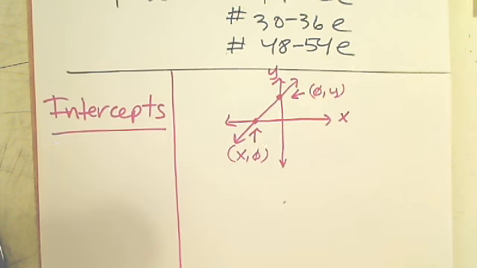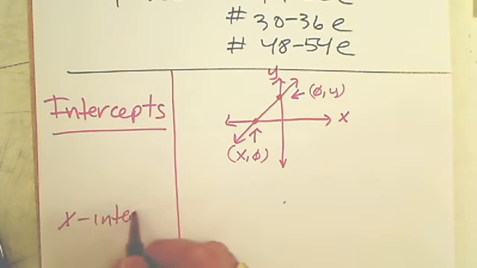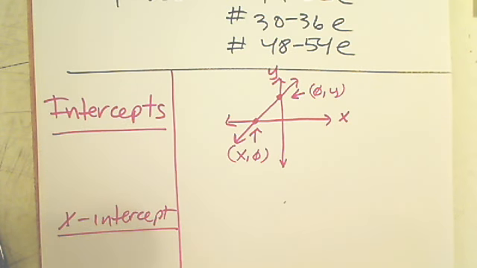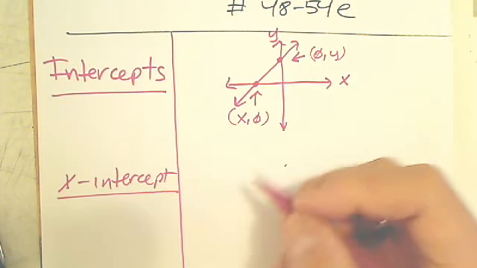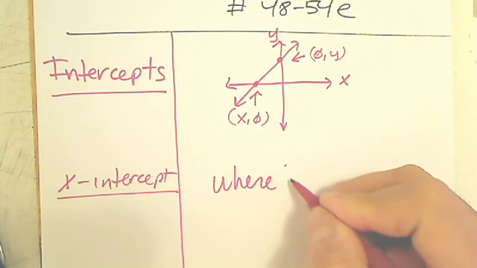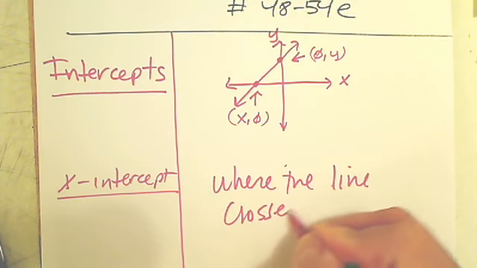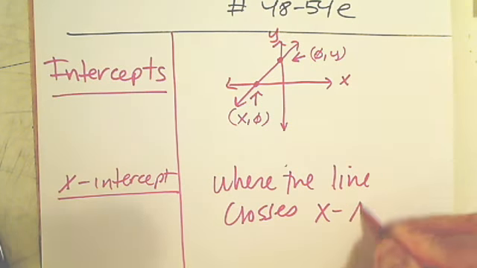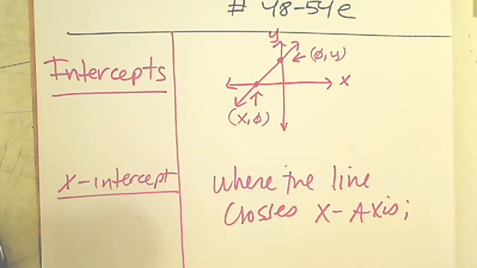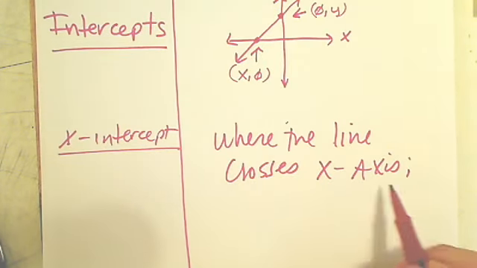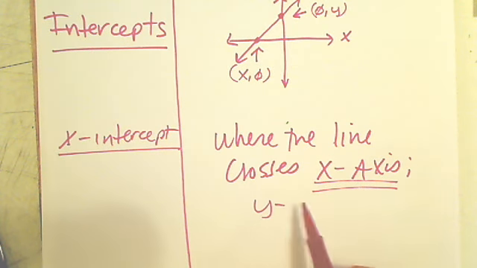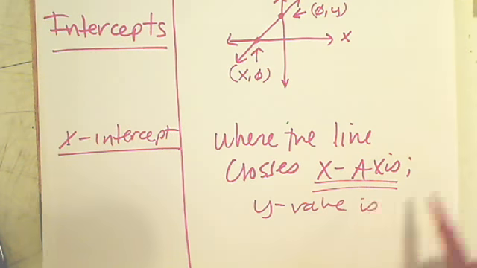So the definition of the X-intercept: where the line crosses the X-axis, the Y value is 0.